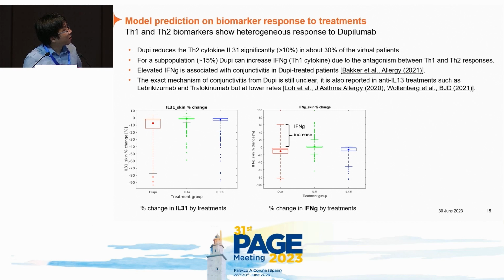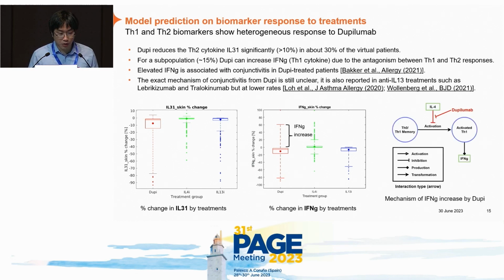So I've also looked at the Th1 cytokine IFN gamma. So in this case, again, there's heterogeneous response, and interestingly, for about 15% of the virtual patients, you actually get more IFN gamma after dupilumab. And this has to do with the inhibitory effects of Th2 on Th1 activation.